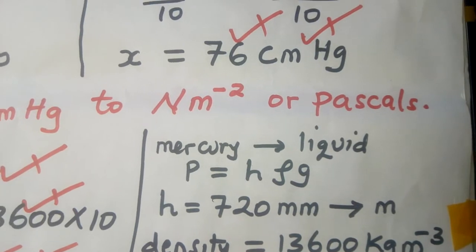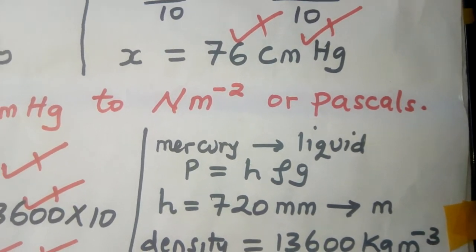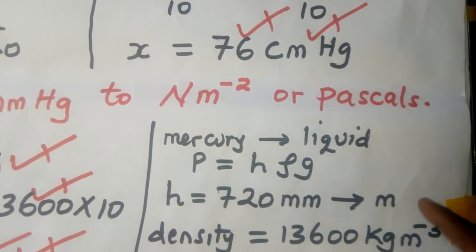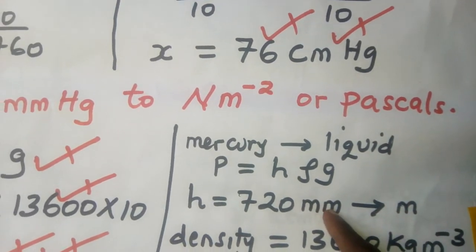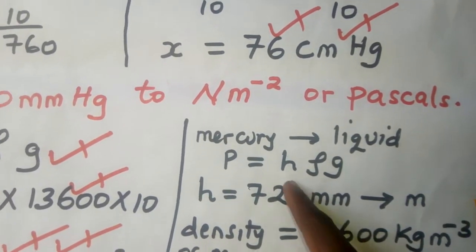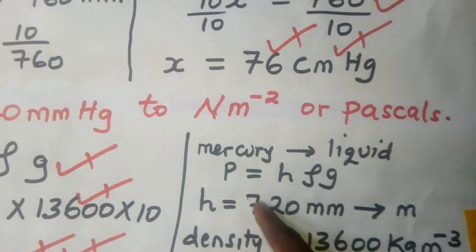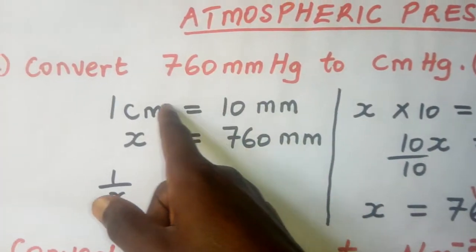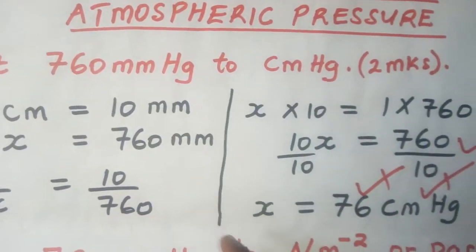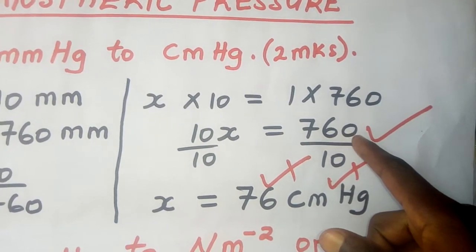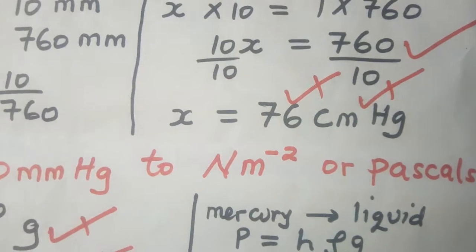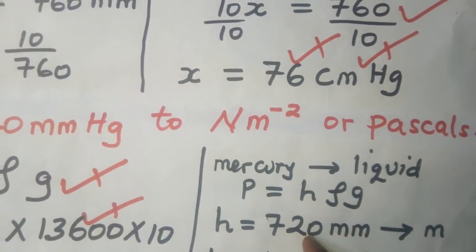How many millimeters make up 1 meter? A meter is bigger than a millimeter. So 1 meter is the same as 1000 millimeters. So you can convert this into meters, and you'll realize that you divide this figure by 1000.